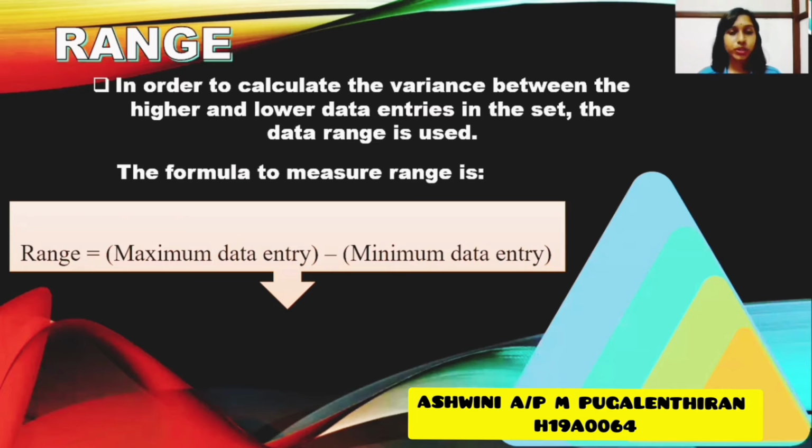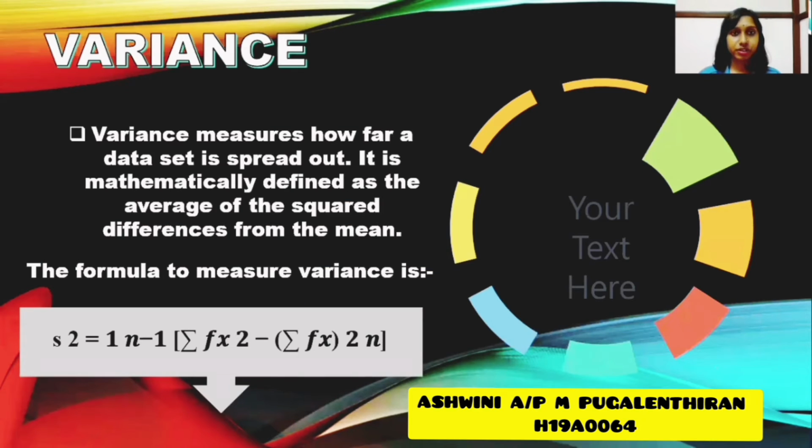Range. To calculate the variance between the higher and lower data entries in the set, the data range is used. The formula of range is range equals maximum data entry minus minimum data entry. Variance. Variance measures how far a data set is spread out.